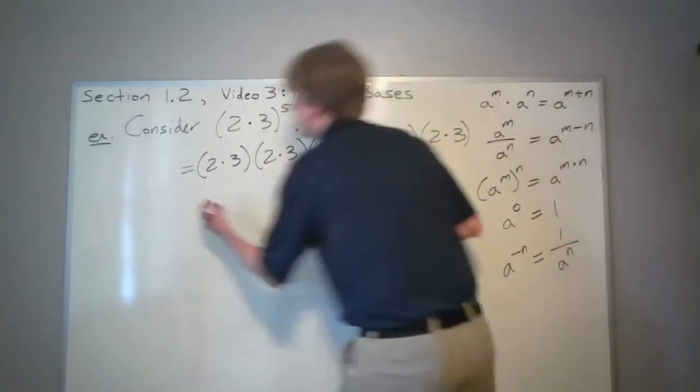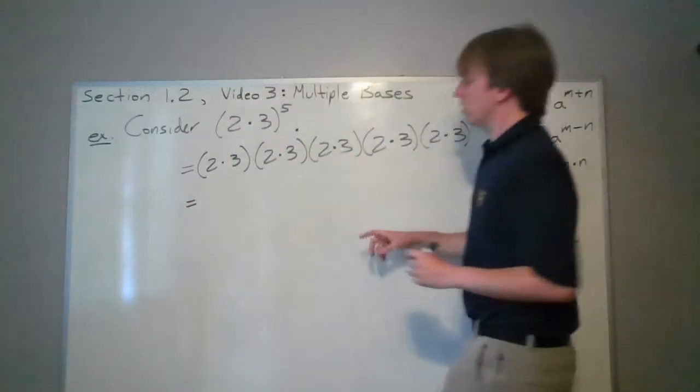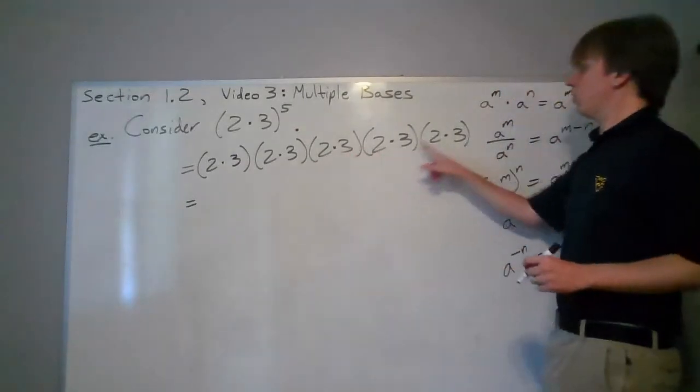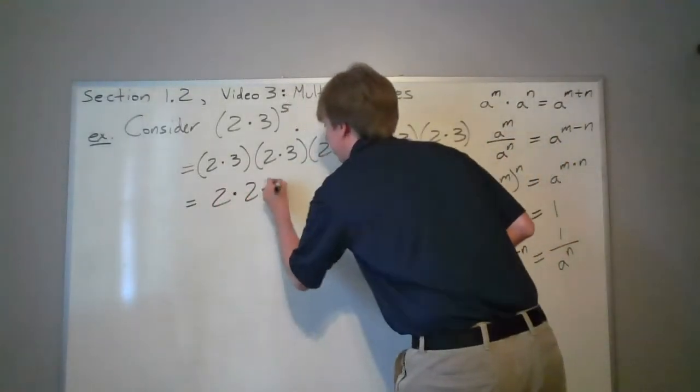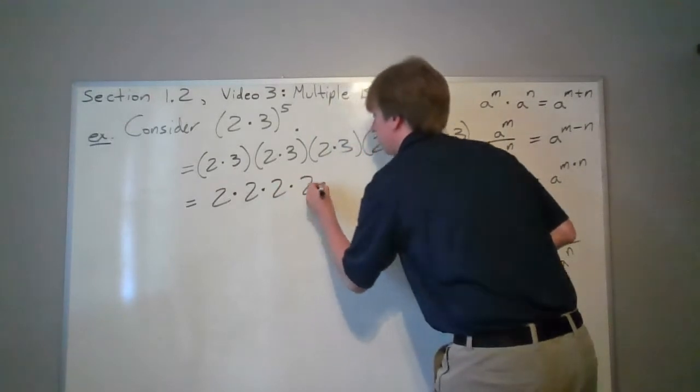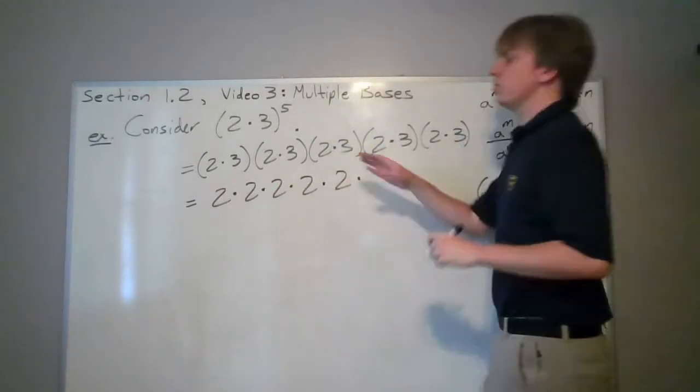So I'm going to rewrite this as all the 2's up front. There are 1, 2, 3, 4, 5 2's. There are also 5 3's.